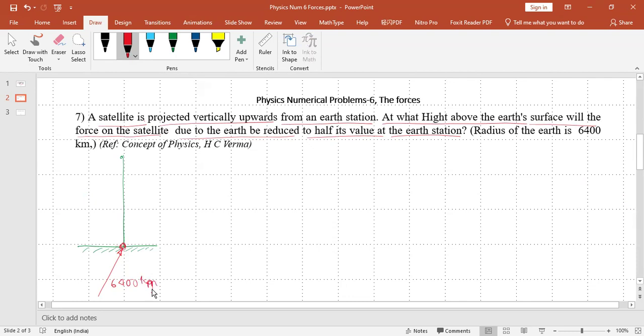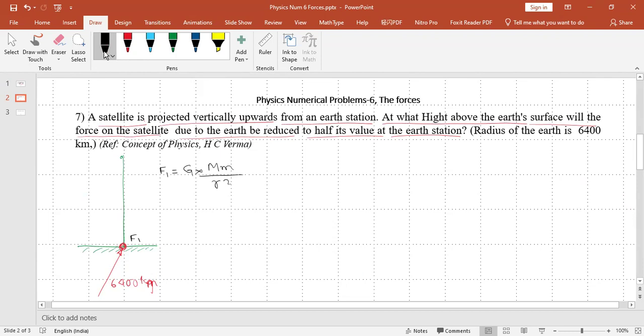When the body is here, there is a certain force applied by the Earth. Let's say the force here is F1, then F1 is equal to G multiplied by M, the mass of the Earth, multiplied by small m, the mass of the satellite, divided by R square, that is 6,400 whole square.